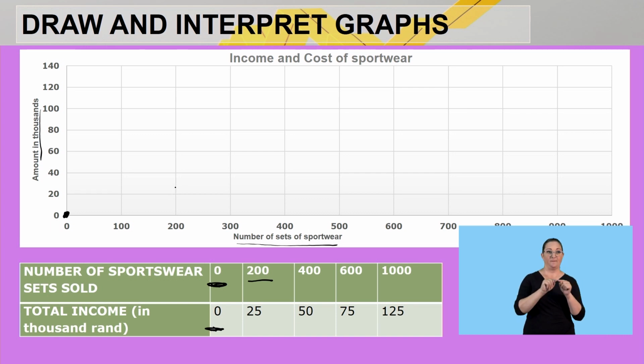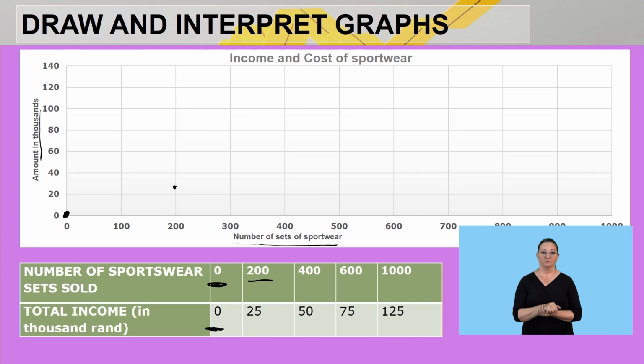So 25, 30 should be here. 30 should be between 20 and 40, sorry. Then your 25 would obviously be below. So our 25,000 could be somewhere here. We make a point and erase the half there of 30.